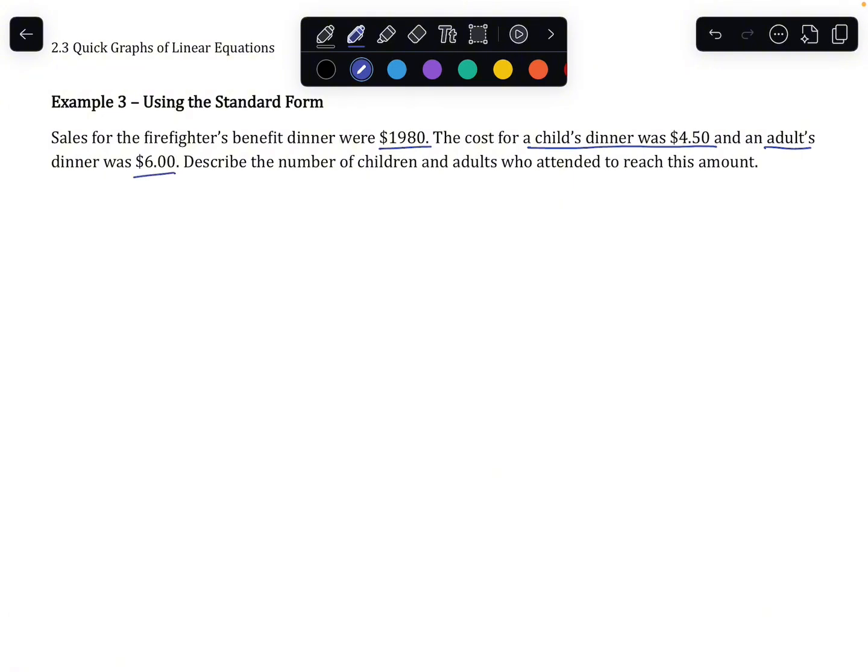So we have our total of $19.80 equals the $4.50 times the number of children plus the $6 times the number of adults. We can use the standard form of figuring out what, when b equals 0, so what our a is, and when a equals 0, so what our c is.